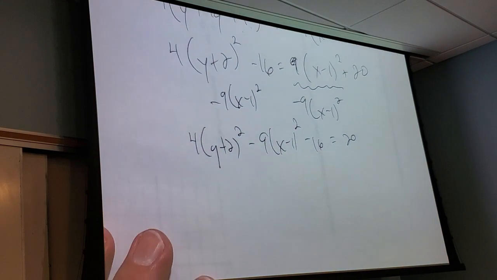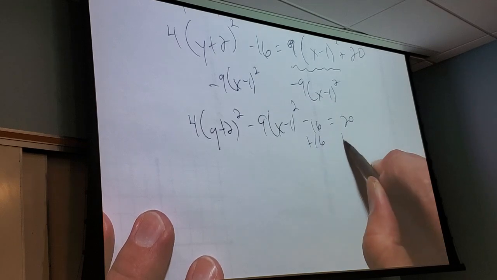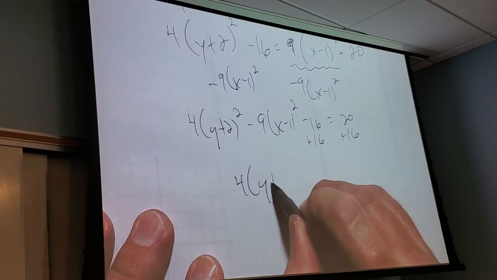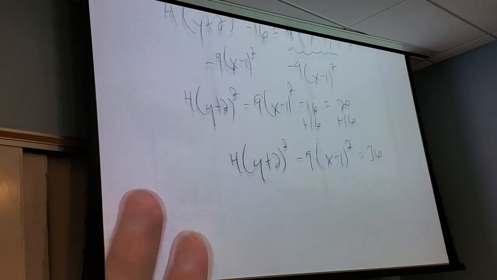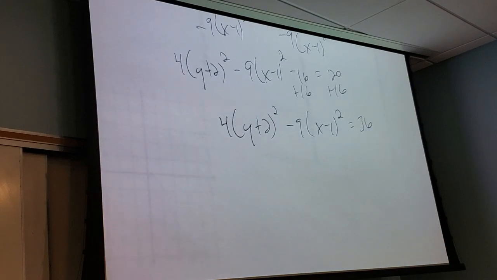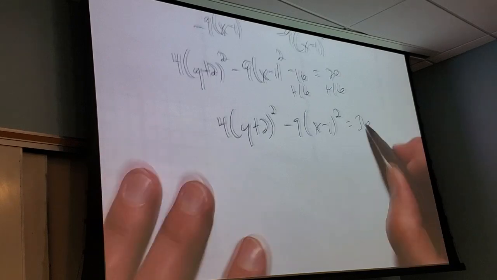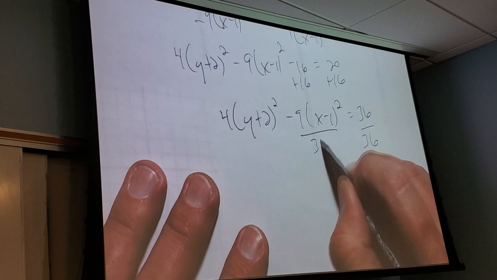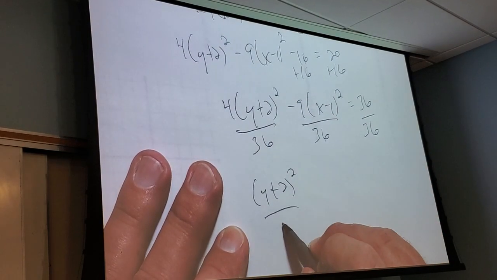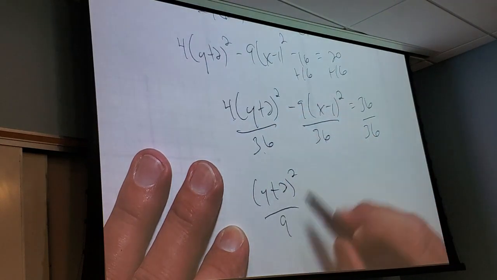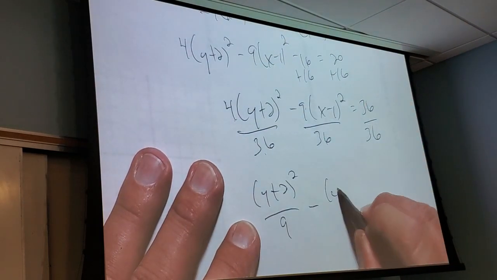And then I can add 16. All right, that's looking a lot better. And of course, what's the only last thing that's not what it's supposed to be? 36. It's supposed to be 1, so I just divide by 36. Four over 36 is 1 over 9. 9 over 36 is 1 over 4.